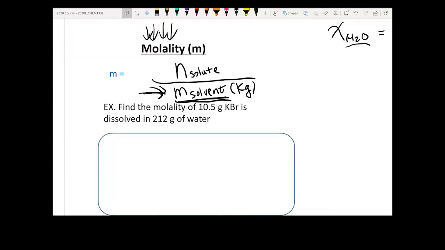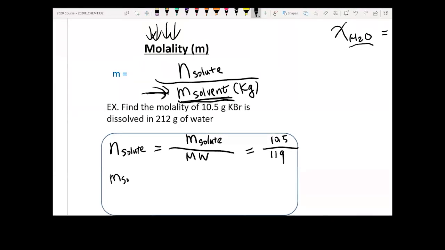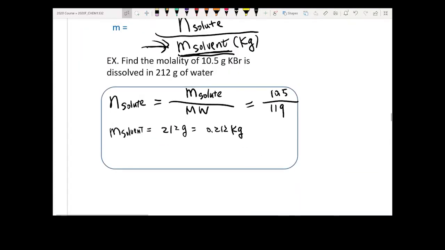Based on the definition, you want the number of moles of your solute, which is the mass of your solute divided by its molecular weight. So you put 10.5 divided by the molecular weight of KBr, 119. Then the mass of your solvent, which is very important, is solvent, not solution, is 212 gram, which equals 0.212 kilogram.